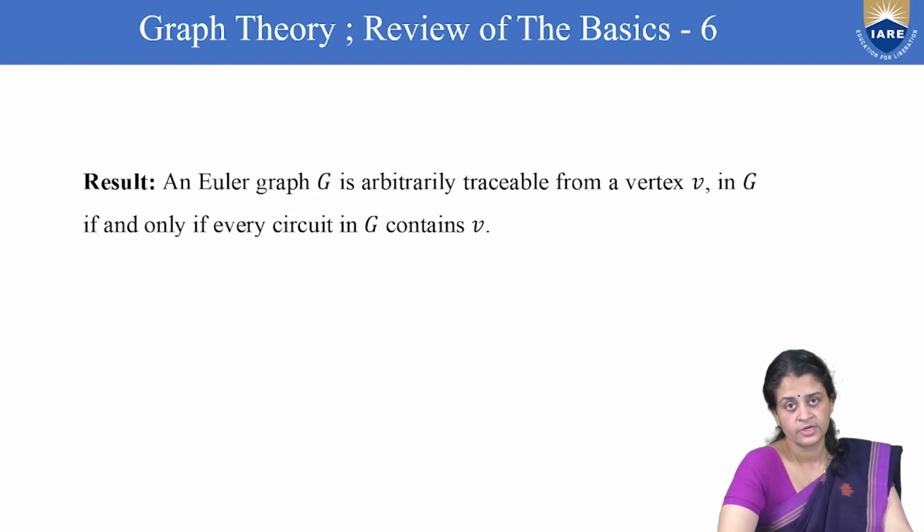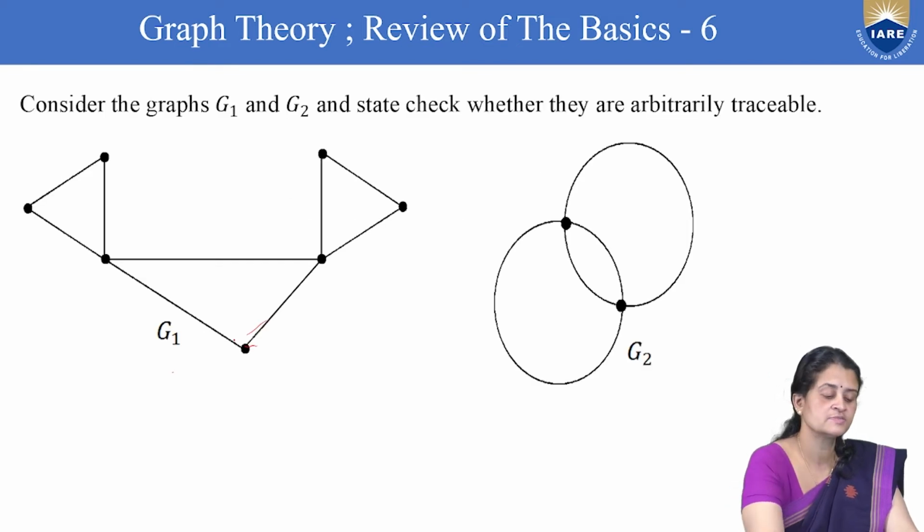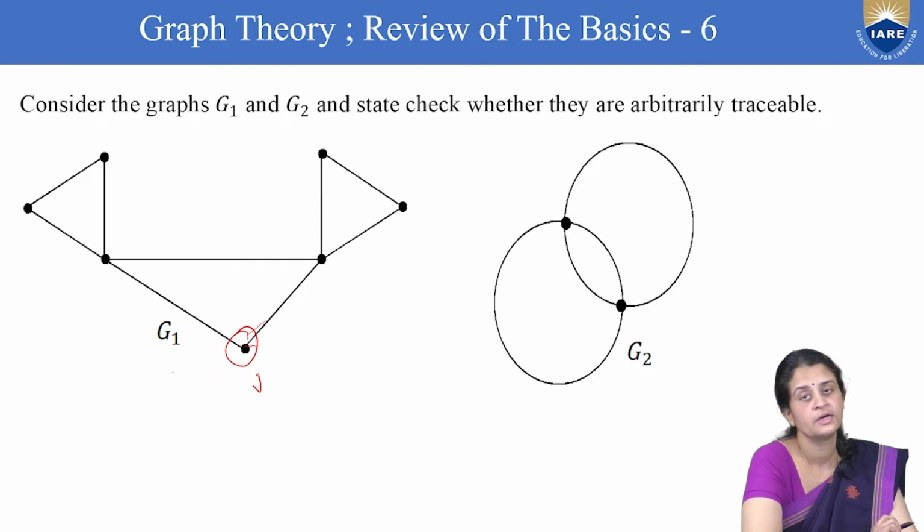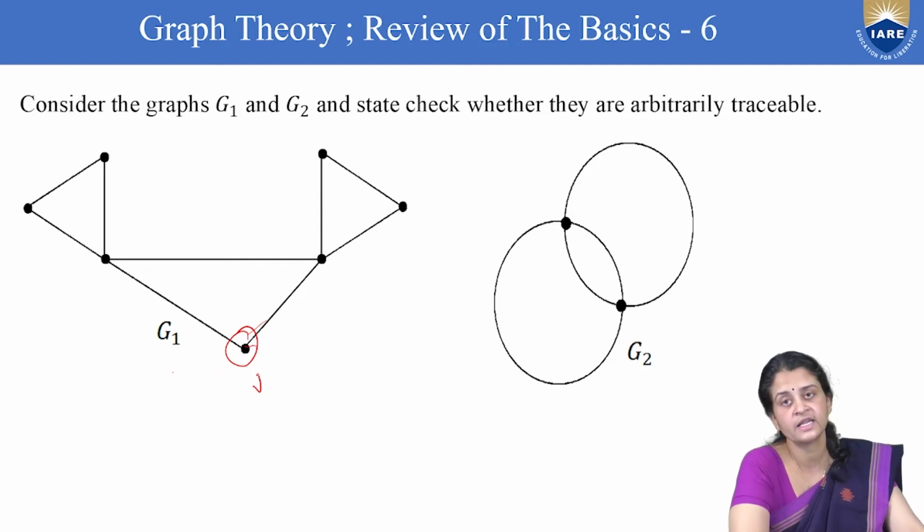Now we have an important result. An Eulerian graph G is arbitrarily traceable from a vertex V in G if and only if every circuit in G contains V. Suppose this is V; is V contained in every circuit in G?